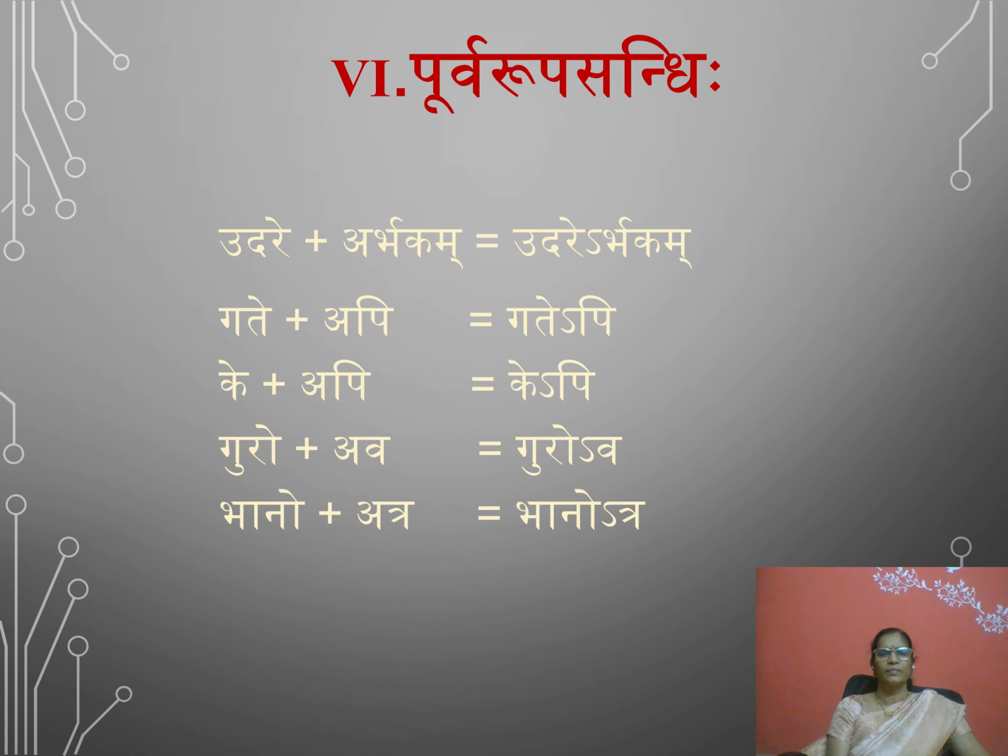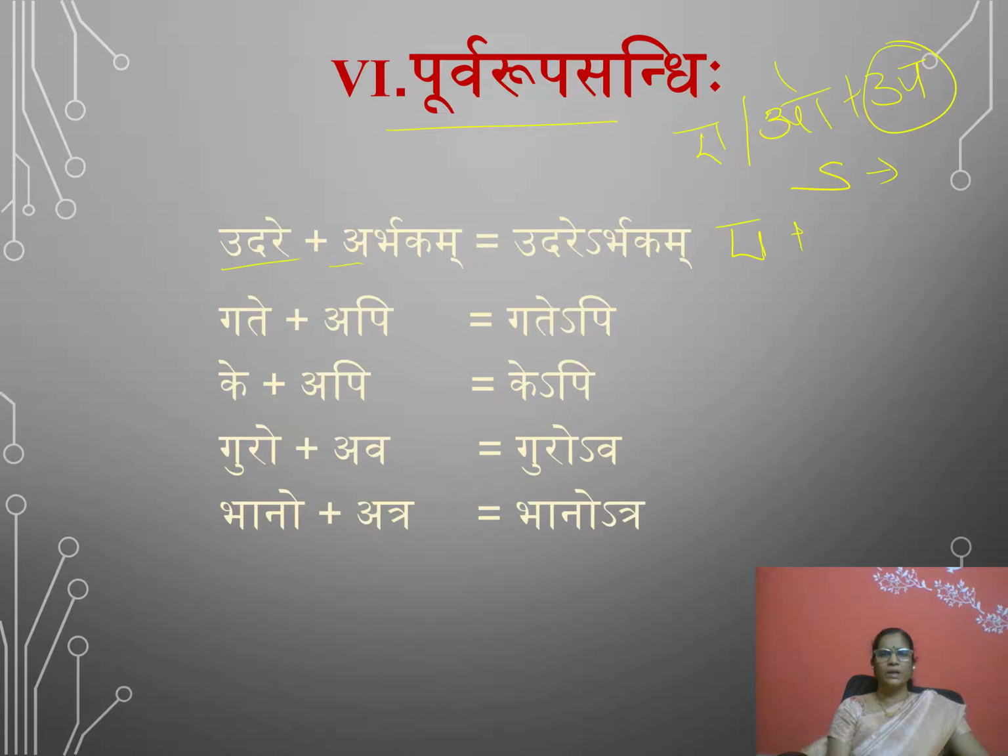Understood? According to your portion, this is the last sandhi, Purva Rupa Sandhi. This is very easy. If the first word ends with a or o, and the second word starts with a, in the place of a, a symbol like this will come. That is called avagraha. See here, udare ended with a.